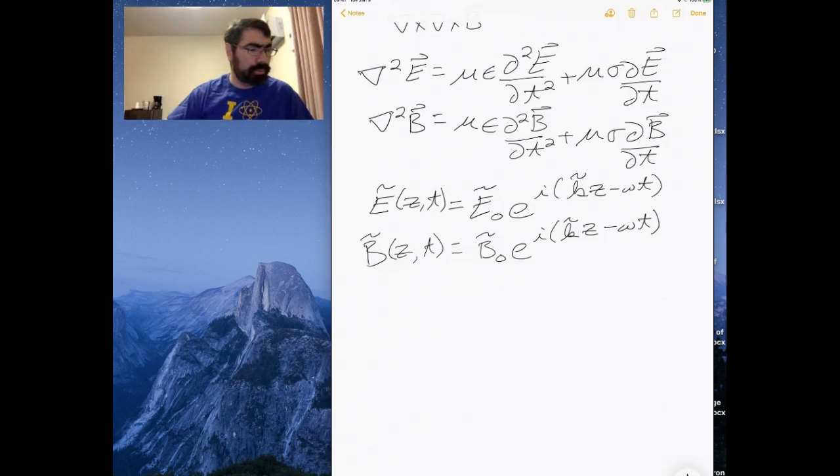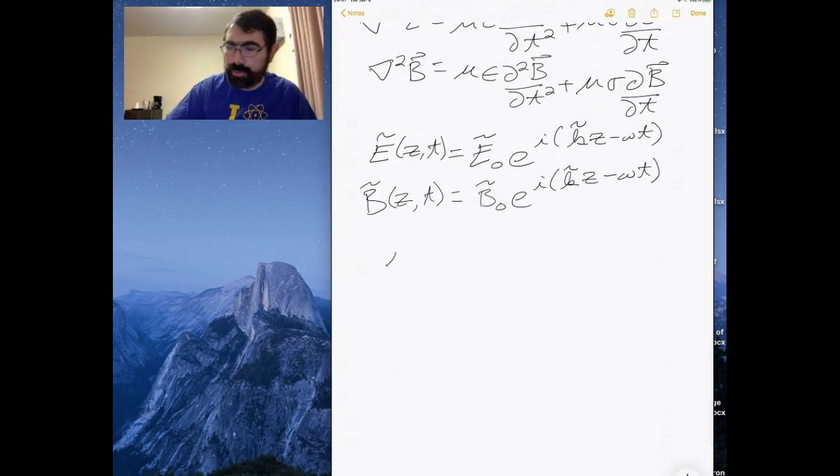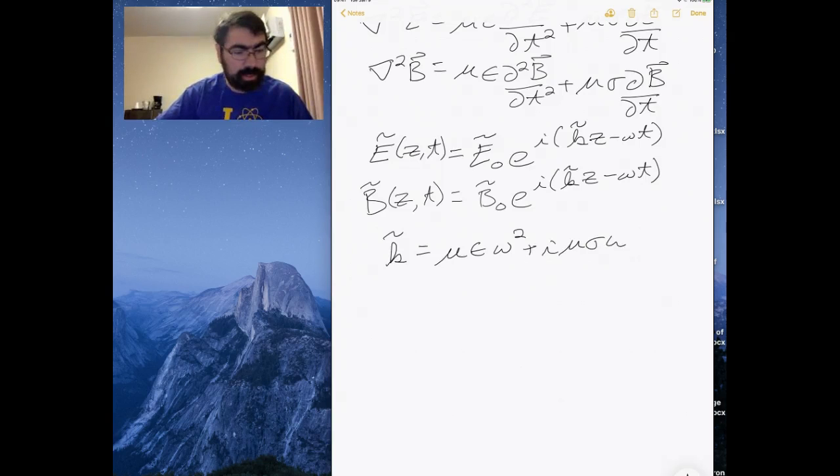So what we get is this constant that's related to the position: k tilde squared is mu epsilon omega squared plus i mu sigma omega.